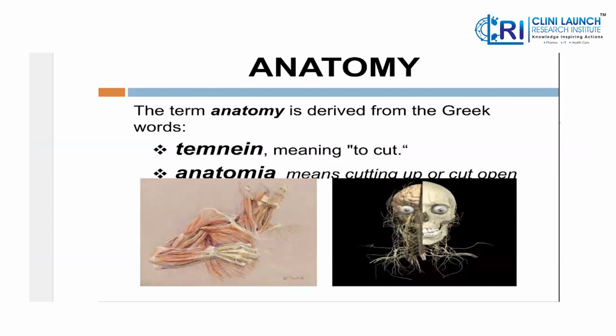Then methods of study. Anatomy can be studied in different methods: systematic, regional, surface anatomy, anatomical imaging, that is radiograph. So we'll go one by one. Methods of study. Regional approach. Each region of the body is studied separately. All aspects of the region are studied at the same time.